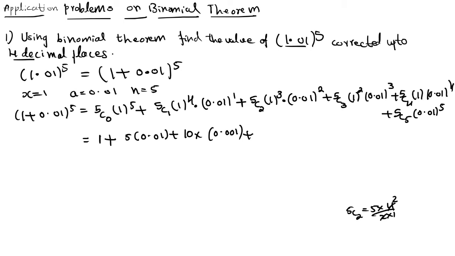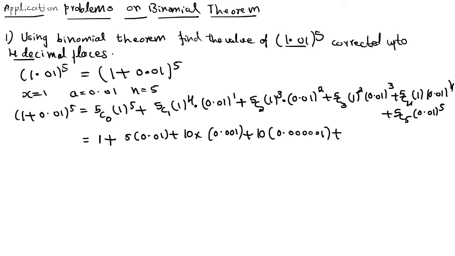Plus again see 5c3 equal to 5c2, its value equal to again 10. You can calculate its value equal to 10 into 0.01 cube. 0.01 cube is equal to 0.000001, plus next 5c4 into 0.01 to the power 4.